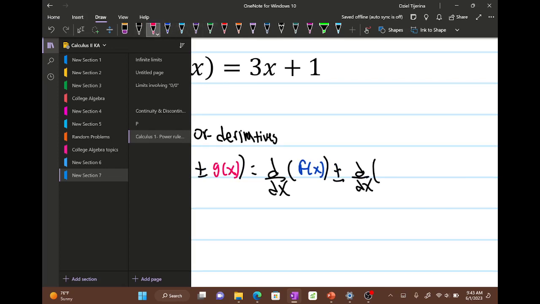This is the addition property, and it goes the same for subtraction as well.